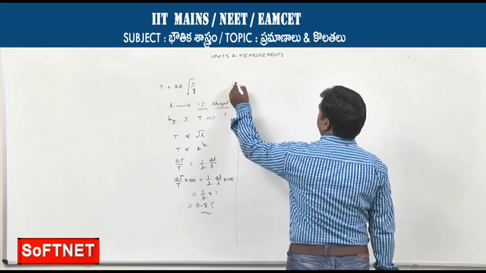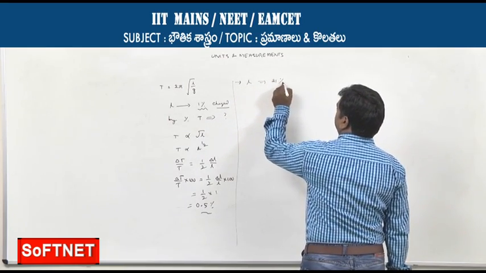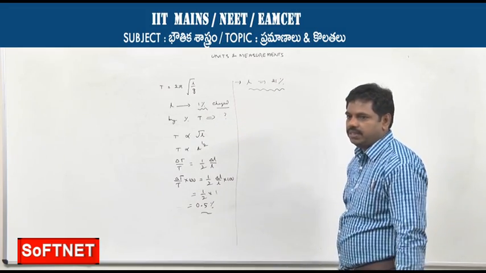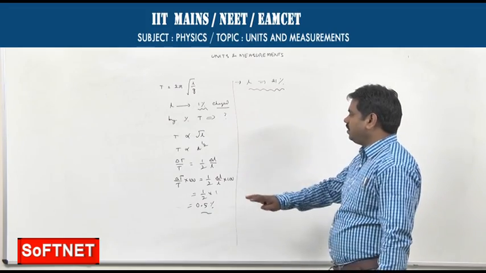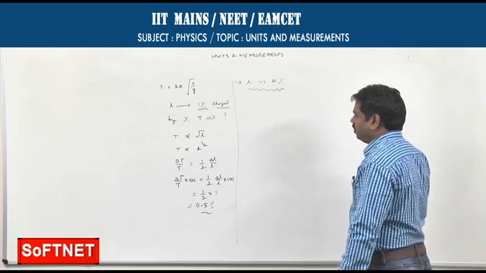Say I have given like this, the length of the simple pendulum is increased by 21%. Then how will the time period of the simple pendulum change? Now see the difference between using this method and the direct formula method.